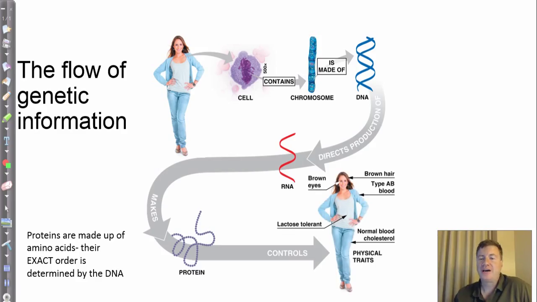In this case, brown eyes, brown hair, type AB blood, etc. Those are all basically a function of the directions that she has in her DNA. And of course, where they come from, those directions came from her parents.